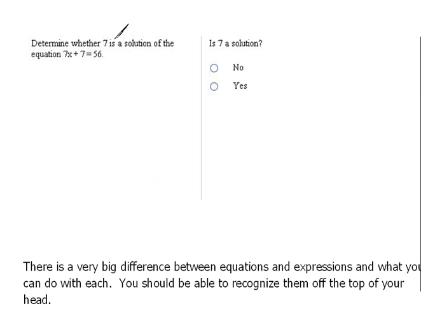This says determine whether 7 is a solution of the equation 7x plus 7 equals 56. So if it is a solution, we should be able to replace the variable with that number, and it should make sense. So here we should have 7 times, instead of x, we're going to replace that with a 7, plus 7 equals 56.